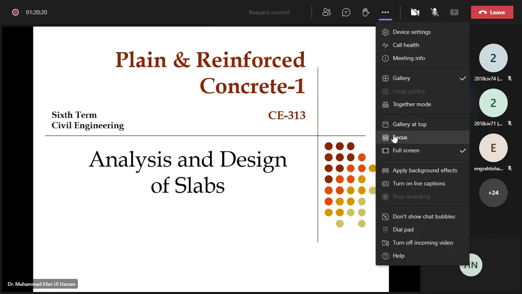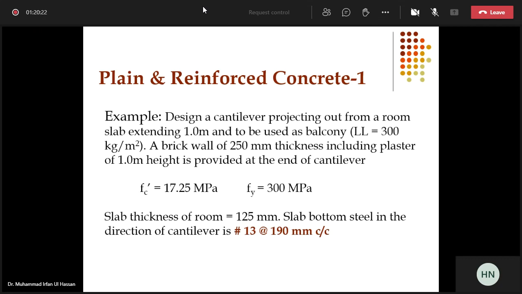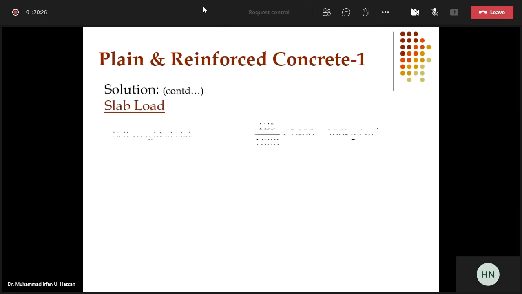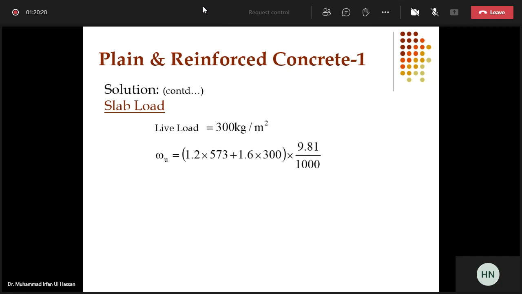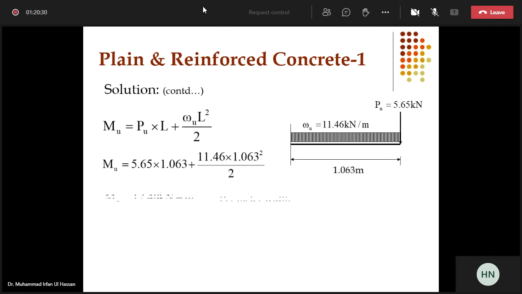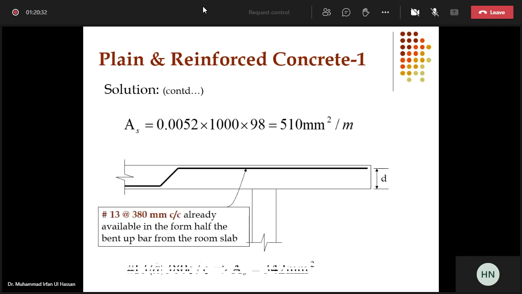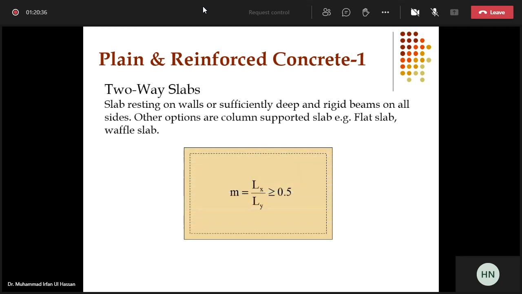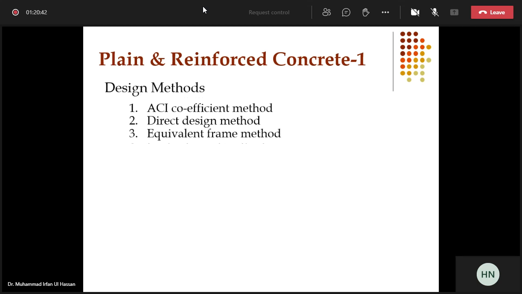In the two-way slab system, the slab is designed with shorter to longer span ratio of 0.5 to 1. The one-way slab was the previous case. A two-way slab is basically the case where the ratio is larger than 0.5, and it is resting on all sides.